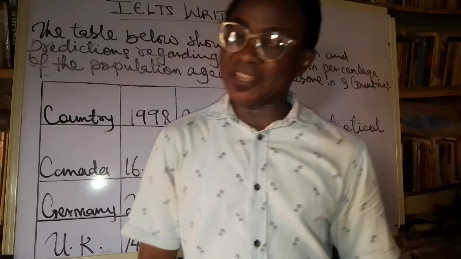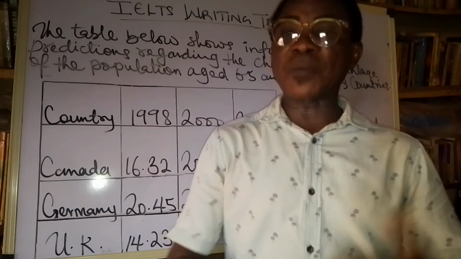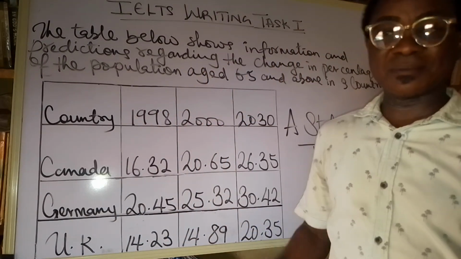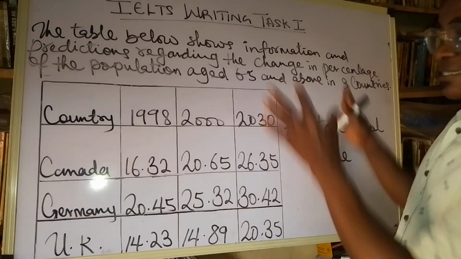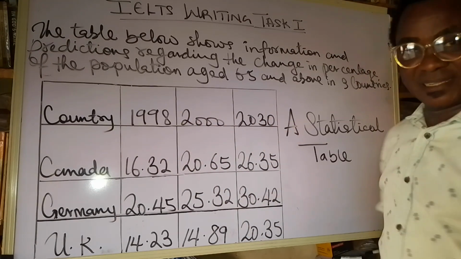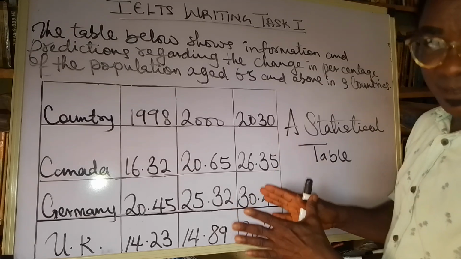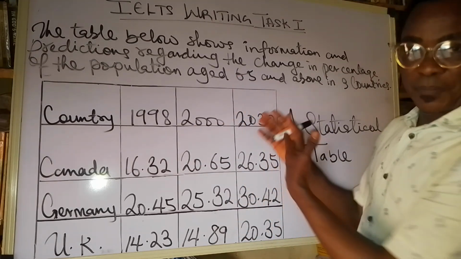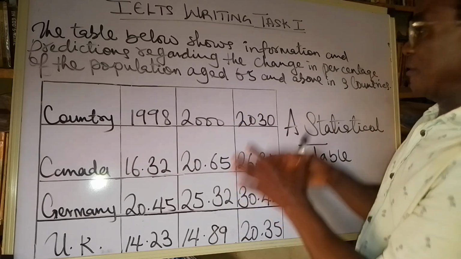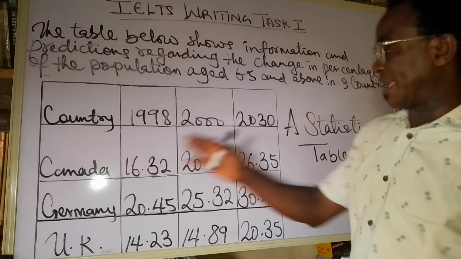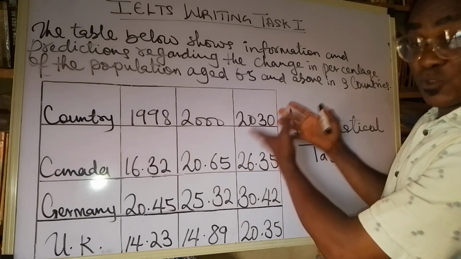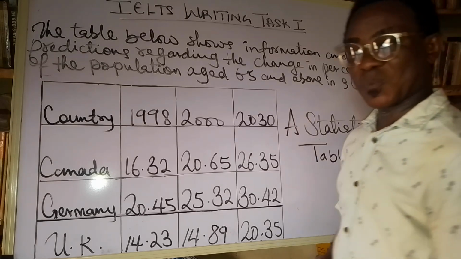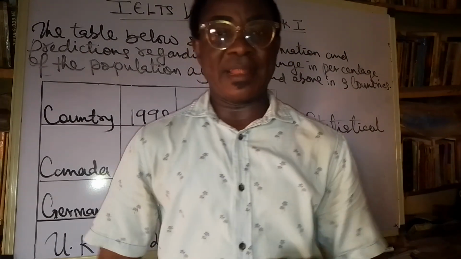In our next video, therefore, we shall be writing an orderly report of this tabular representation of statistical information bordering on the aging population of three countries between the years 1998 and the estimated increase in the year 2030. Please join us in our next video.